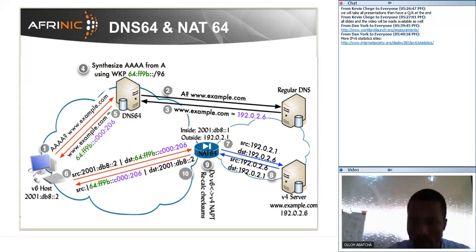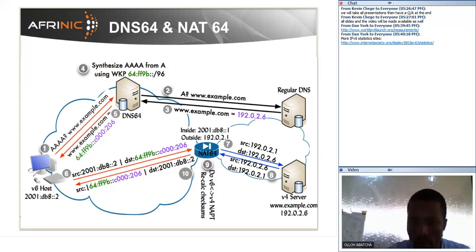When it synthesizes the address, you have the prefix and then you have the IPv4 address after that. So the IPv4 address is 32 bits, so 128 minus 32 is 96, and that's why you have a /96 there.